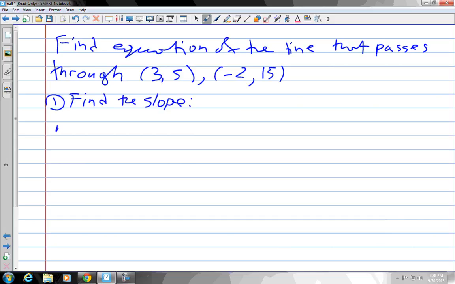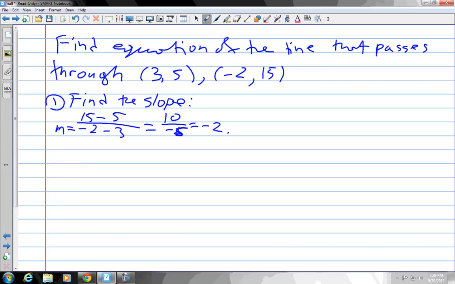That's change in y over change in x. So that's 15 minus 5 over negative 2 minus 3. So that is 10 over negative 5. So the answer is negative 2. So the slope is negative 2.